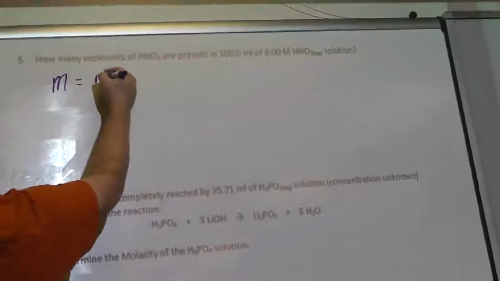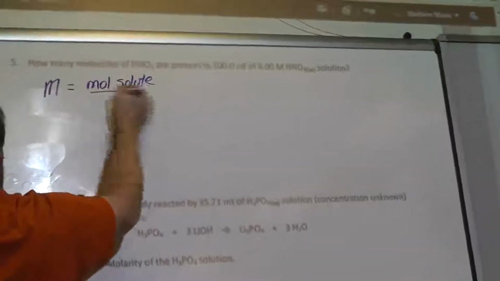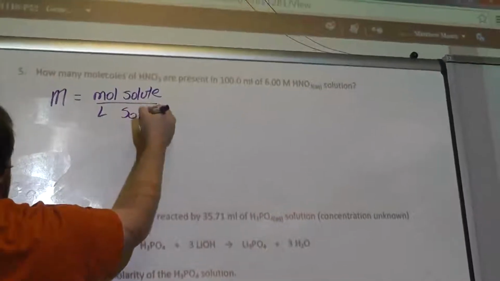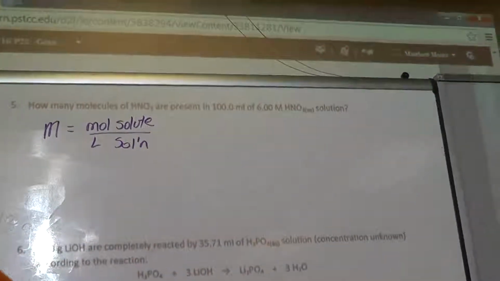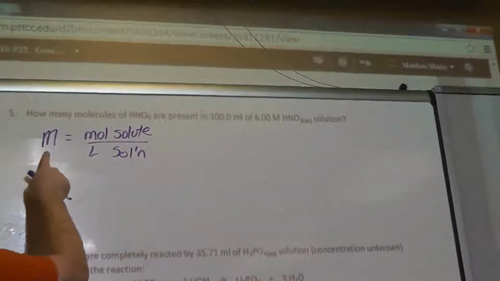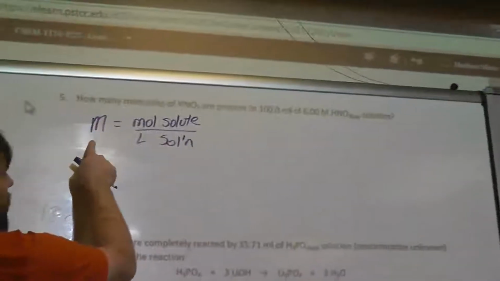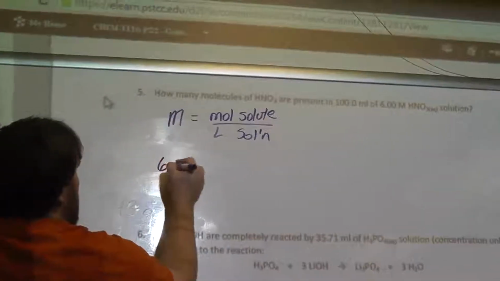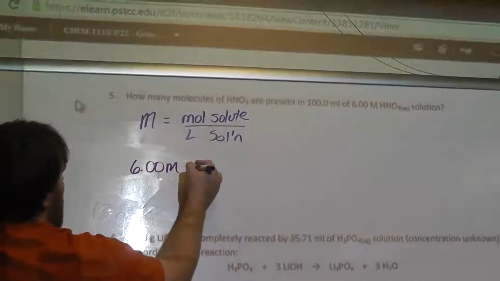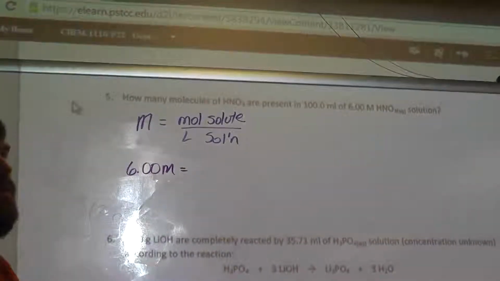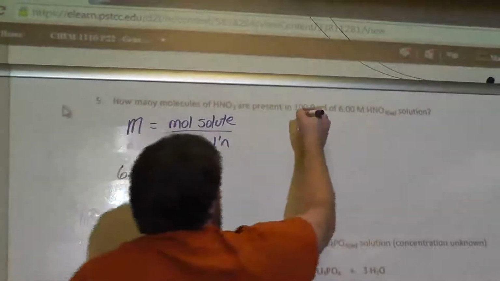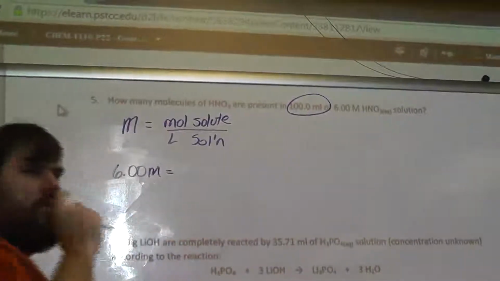So molarity is your moles solute per liter solution. That's just an abbreviation for solution there. So far all we know here is molarity, right, because we don't have a liter solution, and then we look and we've really got a volume, but it's in the wrong units.